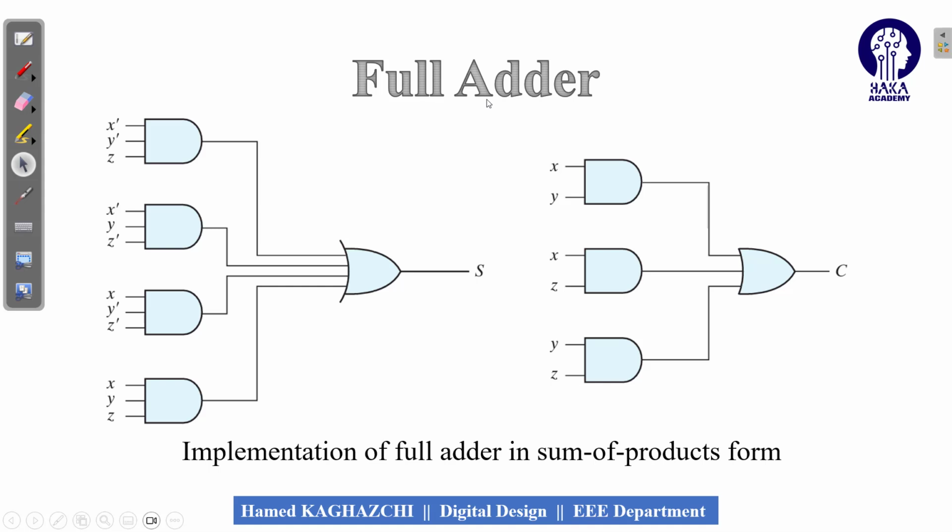Because we are adding 3 bits. If we add 2 bits together, we have a half adder. If we add 3 bits together, we have a full adder. Now you can see that here we have too many gates. We used too many gates for implementing the full adder.